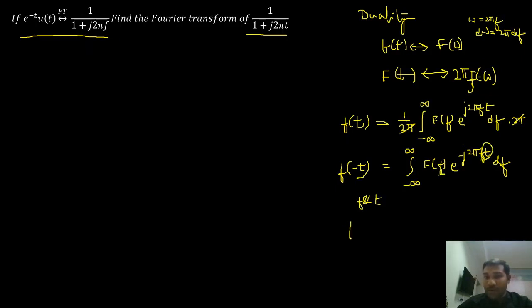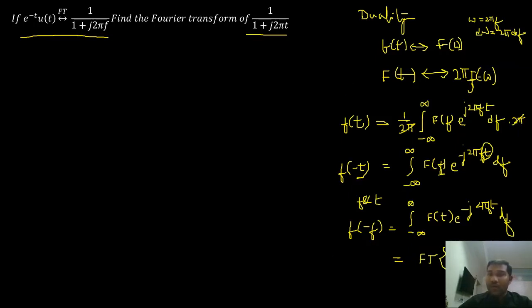So what will it be? Small f of minus f is equal to minus infinity to plus infinity capital F of t, e power minus j 2 pi f t df. This is nothing but the Fourier transform of capital F of t.